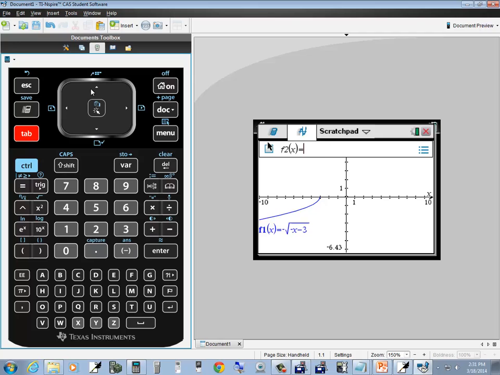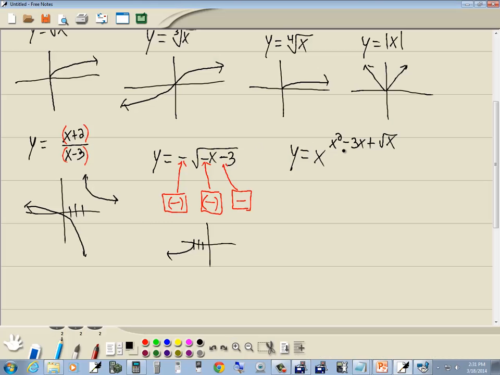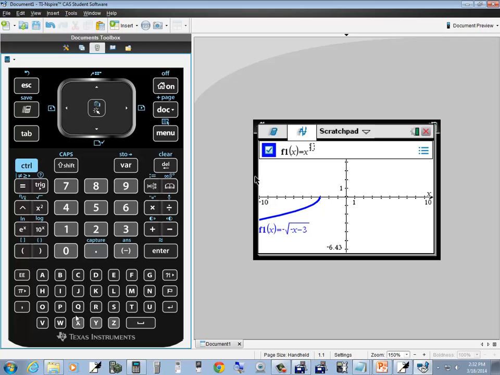Press tab, up arrow to go to F1, control delete to clean that out. Then I'll do my X key, I'll do a caret for the exponent, and now I'm up in exponent mode. And now we're ready to enter in x squared minus 3x. So x, and then the x squared minus 3x plus square root of x.